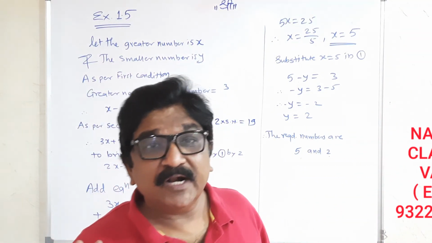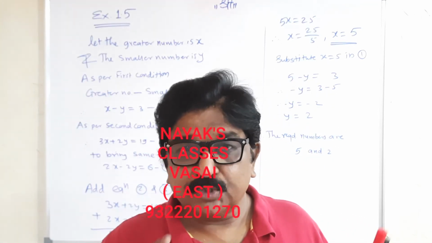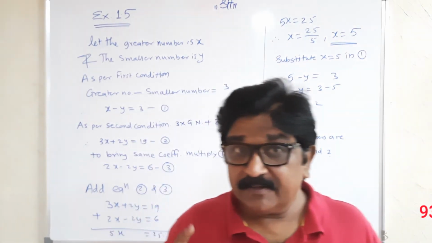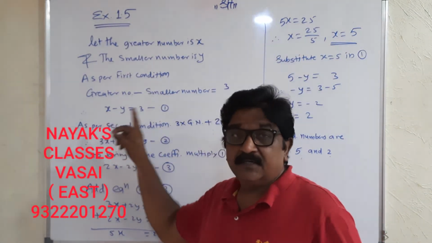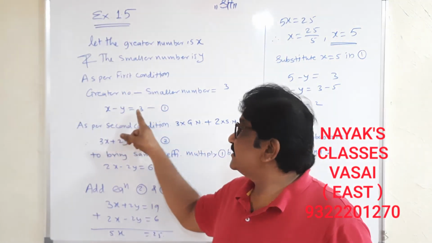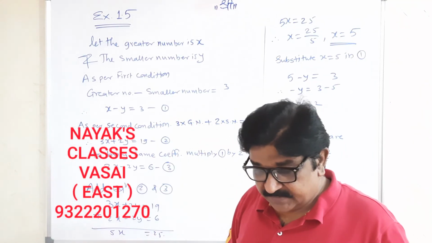This is word equation in words, so that you can understand what is what. So greater number x minus smaller number y is equal to 3. This will become equation number 1.